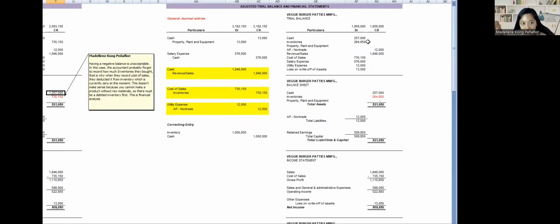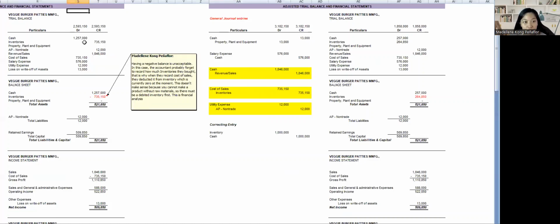So yeah, if you can see here, our unadjusted balance of cash is 1,257,000. But since there is an unrecorded deduction of cash of 1 million and an unrecorded increase in inventory of 1 million, this will change everything. So the 1,257,000 cash will be less by 1 million. So it will now be 257,000.